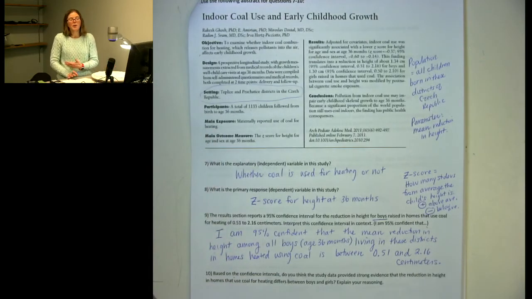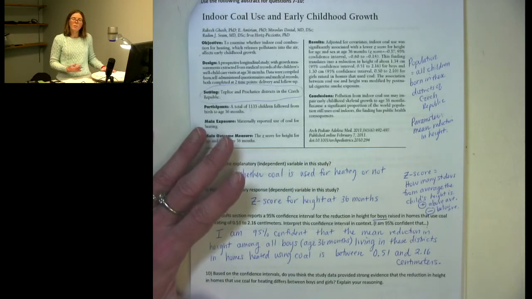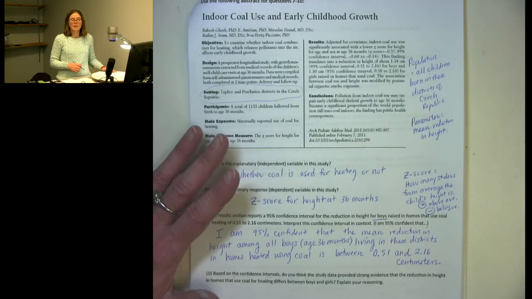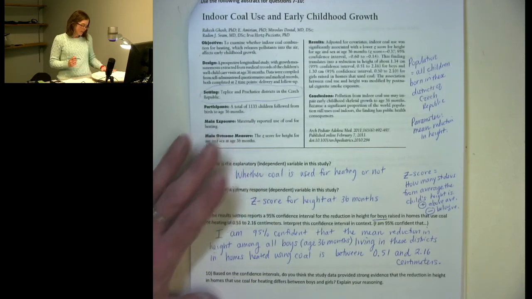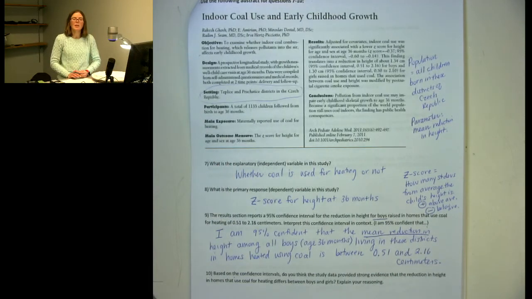You may have worded the population and the parameter slightly differently, but the key thing is that we need to think about what population this estimate applies to, and we need to recognize that it's the mean reduction in height in that population that we're 95% confident is in the confidence interval.